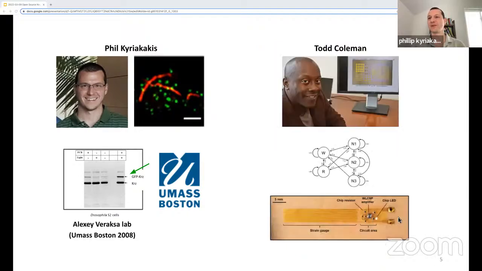Then during my PhD, just by coincidence, Todd Coleman came to UCSD, and we had this big office where he ended up right next to me, and he was making all these cool electronics with flexible circuits and LEDs and everything. And when I saw that he was having LEDs, I was like, wow, this is really cool. And I told him about the idea of controlled genes with light, and he got really excited about it.